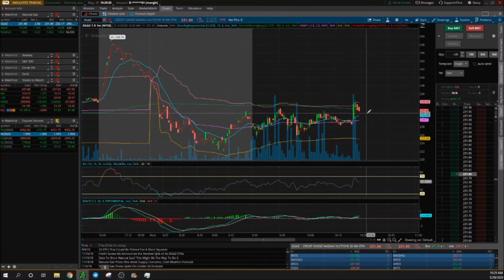So if it would have dipped and found a new support, like say it started bouncing right here, I could have bought back in while still holding those 20 shares. And when I bought back in, my average price was down here at like 229. So even though I'd be buying in more here, my average price would be in the middle, right?